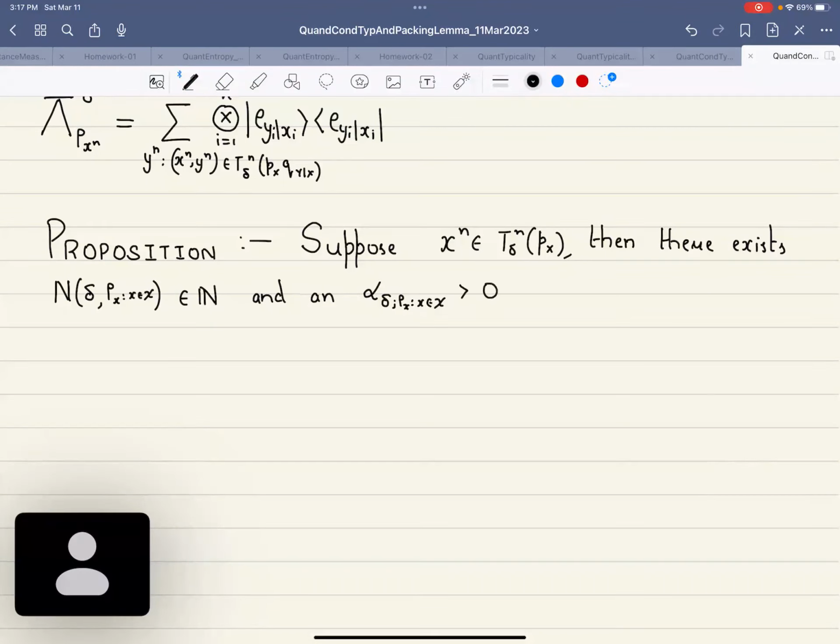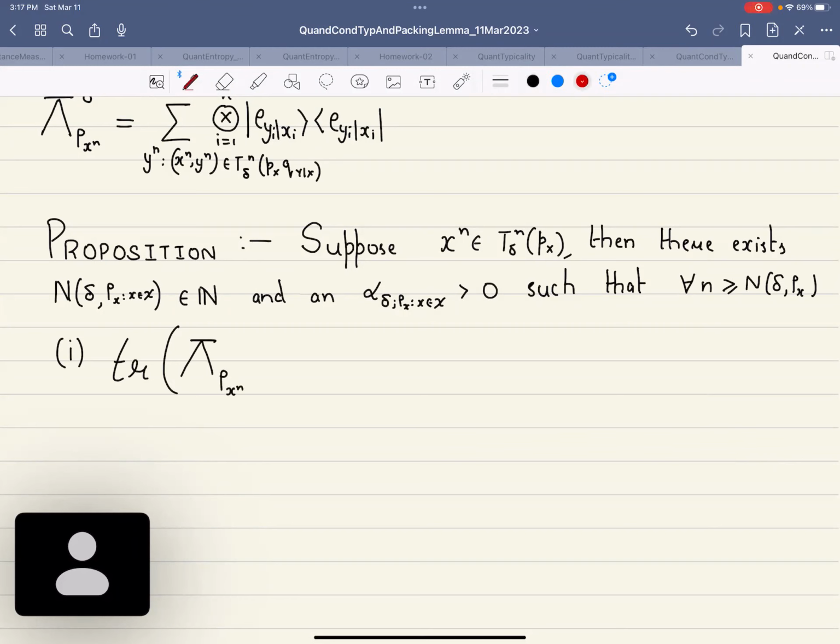Greater than or equal to 0 such that for all n greater than or equal to n delta, this thing, the trace of the overlap between pi rho x^n 2 delta and rho x^n is greater than or equal to 1 minus alpha e to the power minus n alpha delta.